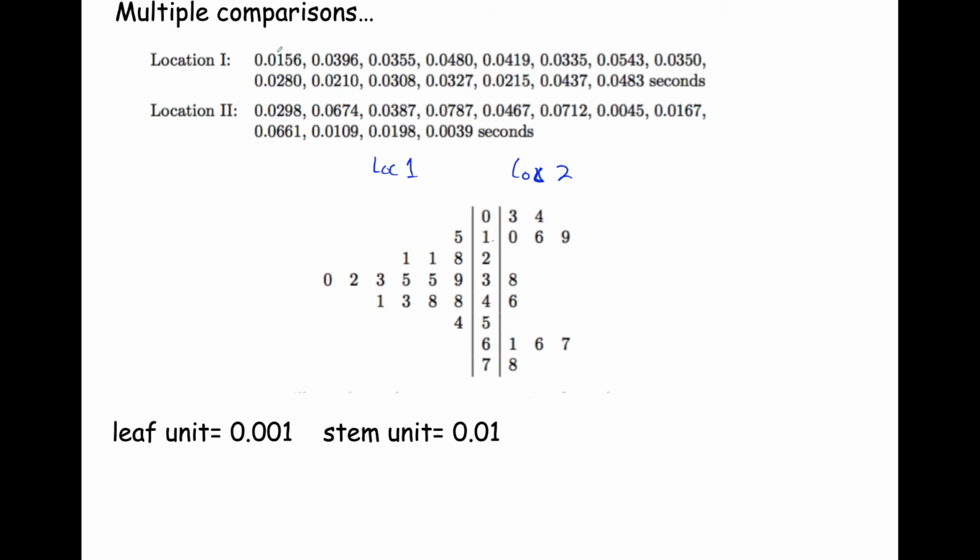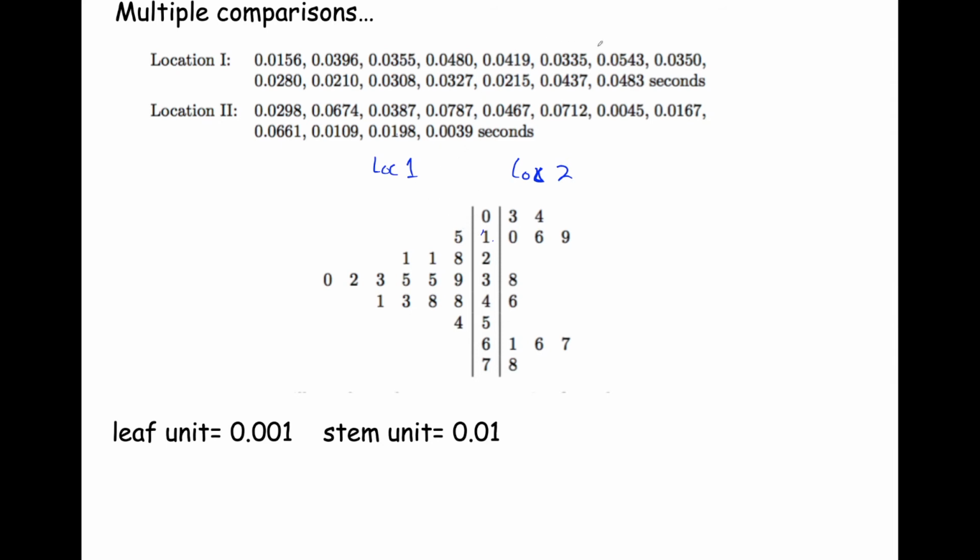So we don't have a 0.000, so we leave that blank. But when we look at 0.01, it's in this part of the stem and leaf plot on the left-hand side for location 1 measurements. It's a 0.015, right? So we look for all the 0.01s entries, and we see that there's only one, 0.015. So we write a 5 there.